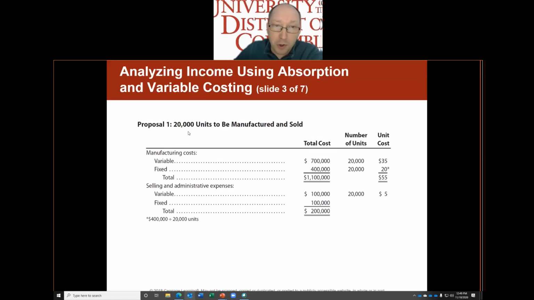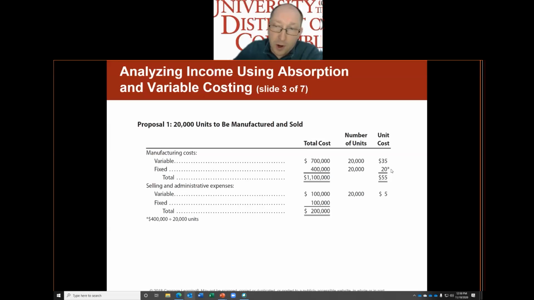So proposal 1. We manufacture 20,000 units to be manufactured and sold. Okay? So our variable cost is $35 per unit. Our fixed costs are $20 per unit, with an allocation of $5 per unit to variable selling and administrative expense.